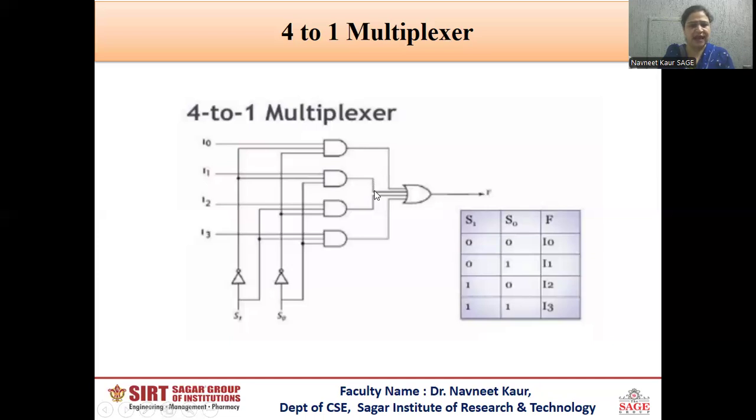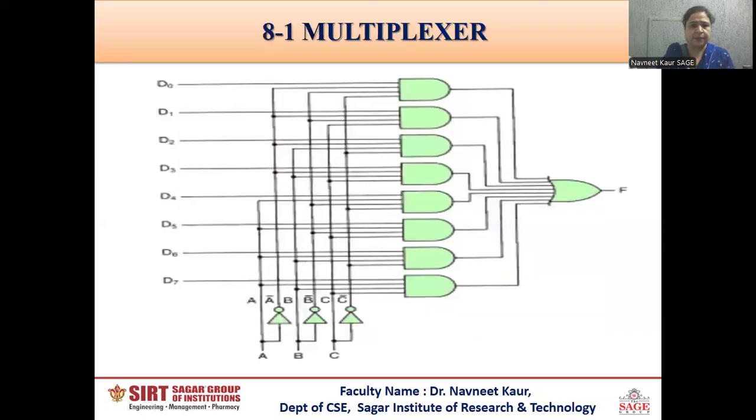So this output, which will be I1, will be given to the OR gate, whereas the other three inputs of the OR gate will be 0 and the output F will be I1. So in this way, we will be taking the second input which will be connected to the output of the multiplexer.